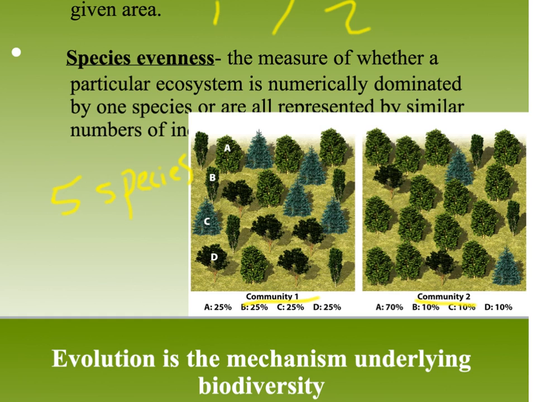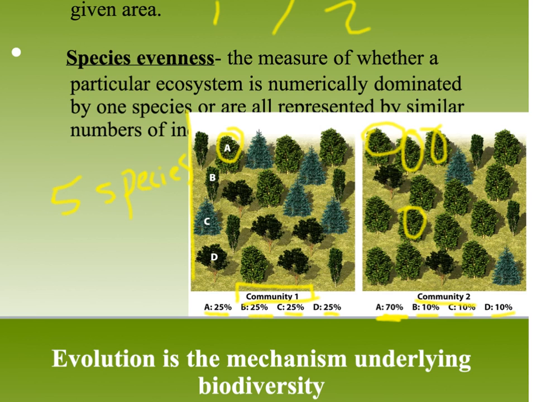However, species evenness is different. In community 1, you have a fairly even community, 25% across the board, whereas community 2 is dominated by this A species that you see here. It's dominated by that plant species, and you have 10%, 10%, 10% of the other ones. So community 1 has a very even community.